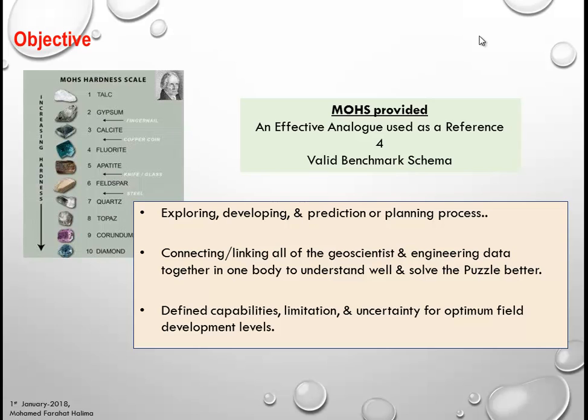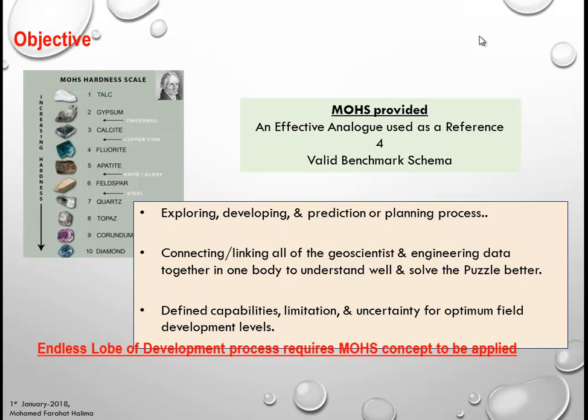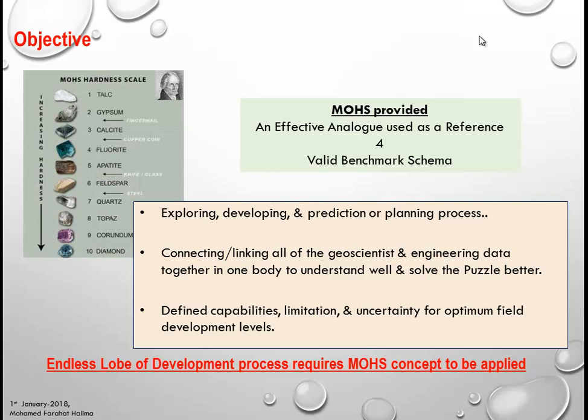The main objective of the geoscientist while running Earth modeling, or any step of the Gantt chart of the FDPs, is related to this, because the development process is endless. Once it has started, you have to come back again, so it's a back and forth process, a loop. That requires the Mohs concept to be applied: create an analog, create your reference.